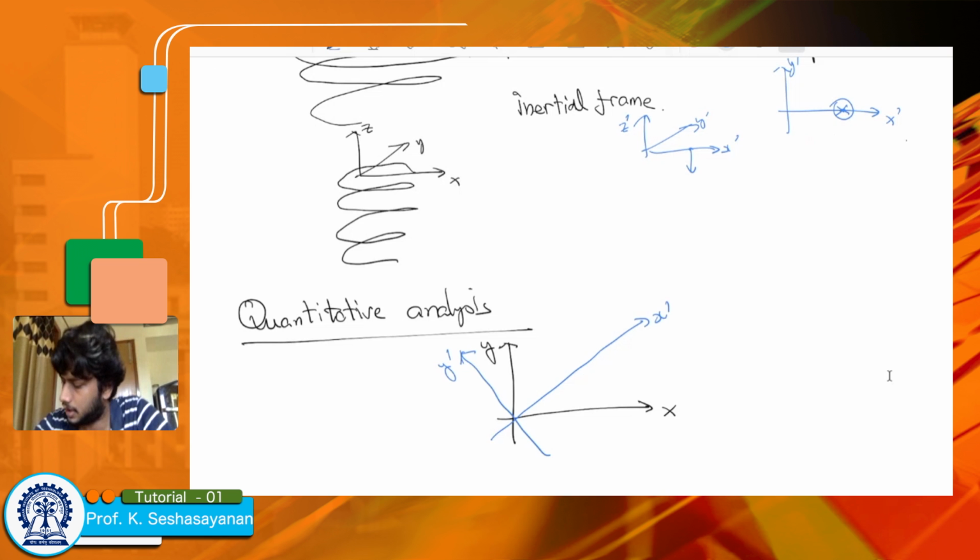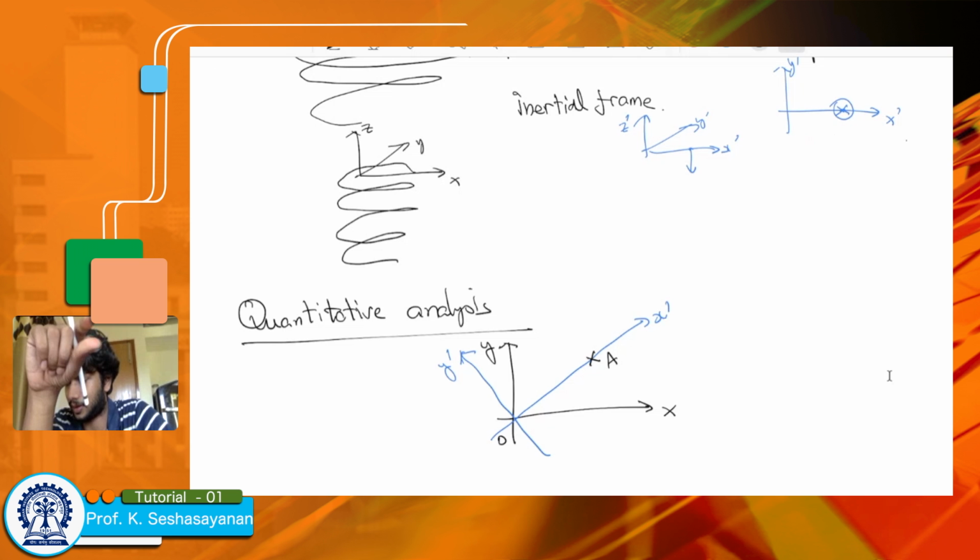One quick observation is that any point along the x prime axis, let's say where the ant is located, in the non-inertial frame the ant is not moving away from the x prime axis. It's either moving closer towards the center or going away from the center, or it's moving vertically downwards in the z prime axis. But in the x prime direction, its position is always along the x prime direction.